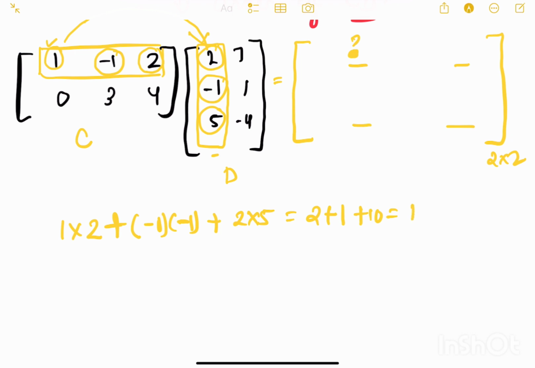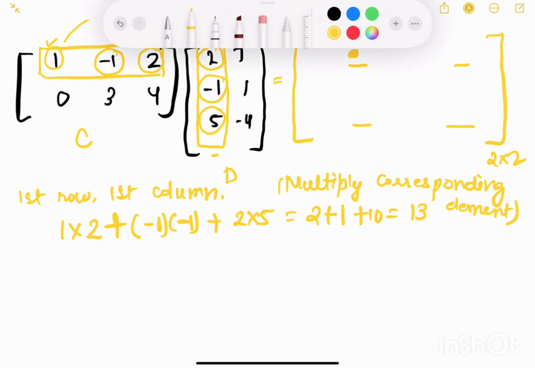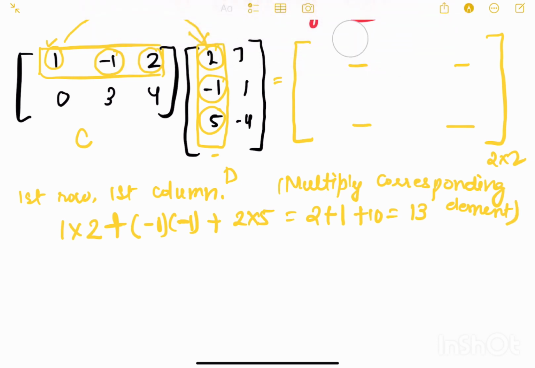That is 13, isn't it? So I hope this step is clear: I will first focus on the first row and first column, multiply the corresponding elements and add them. This will give me the first number out here. I will just erase it and write it down.